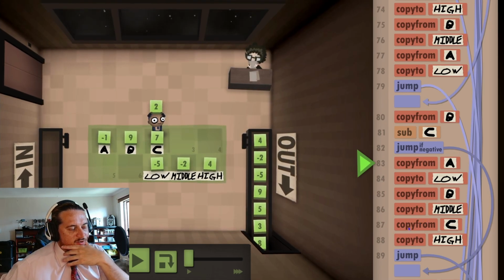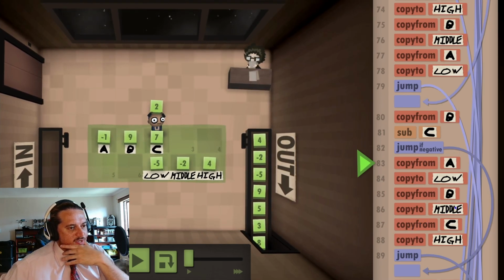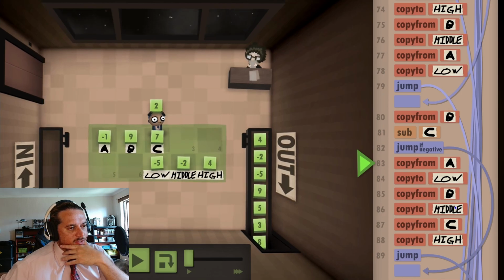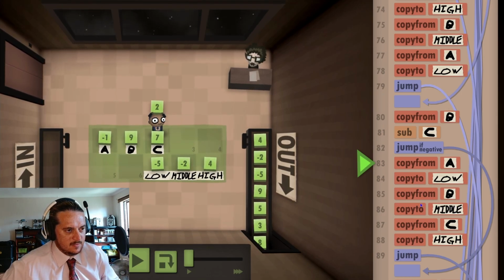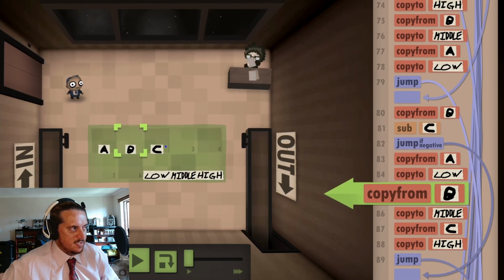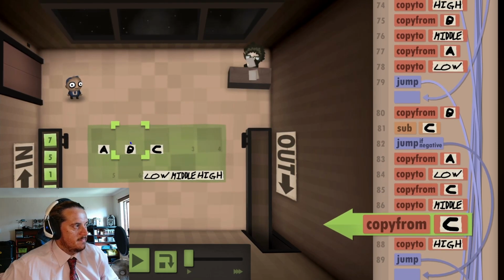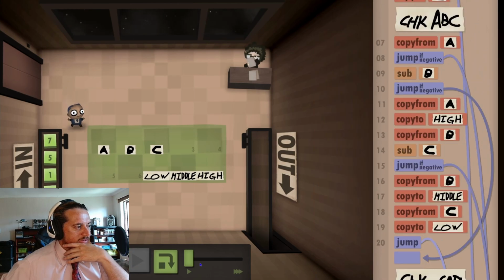That's the wrong way around. That must be BCA. So this must be C, and this must be B. Is that right? See?